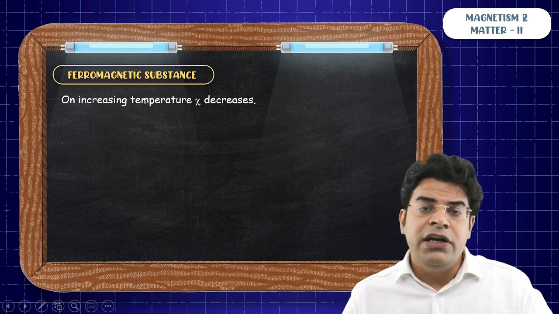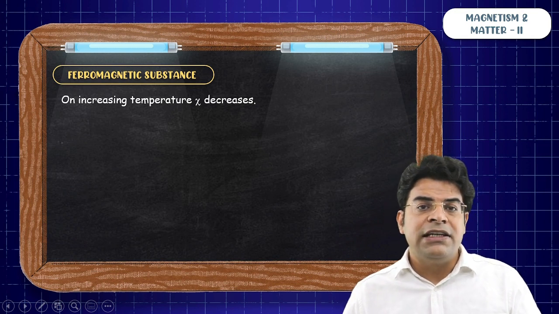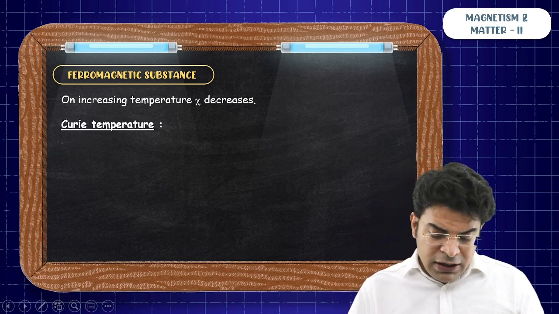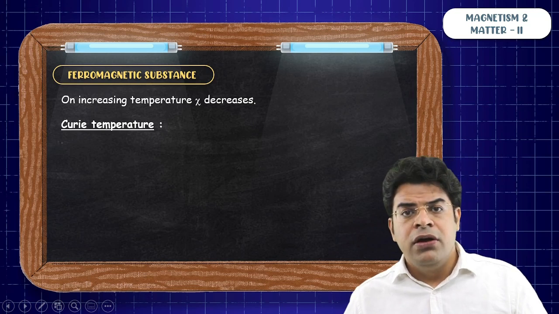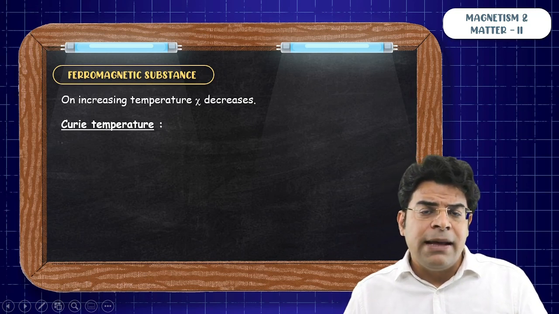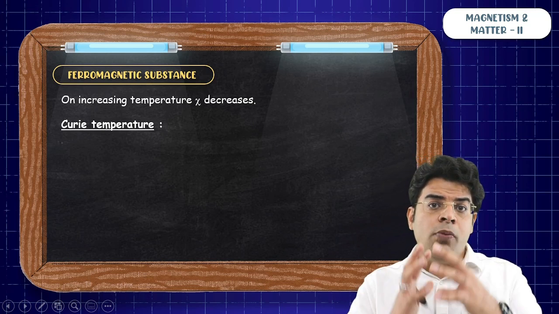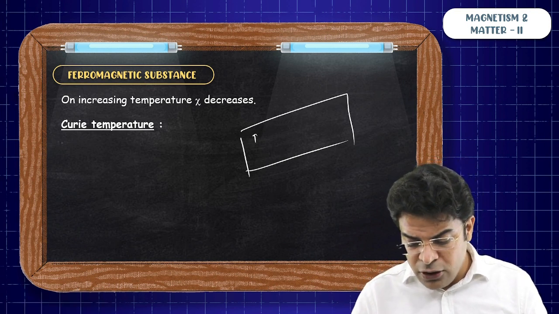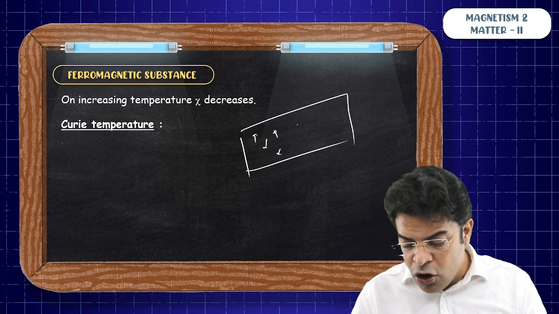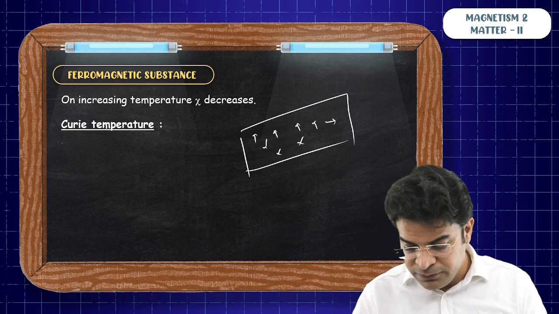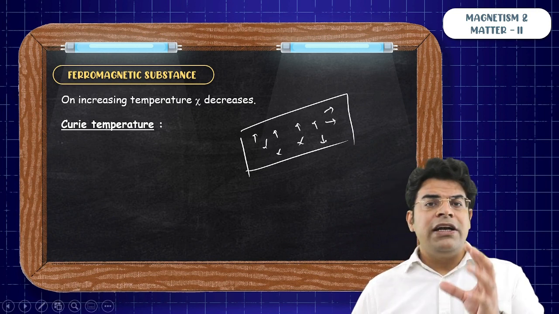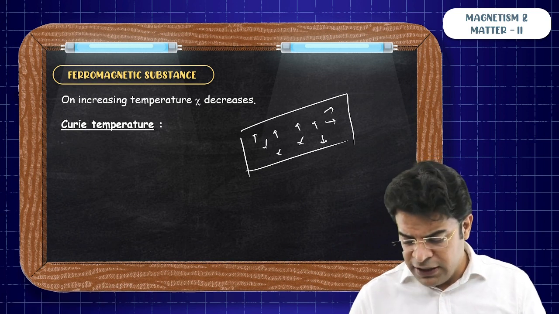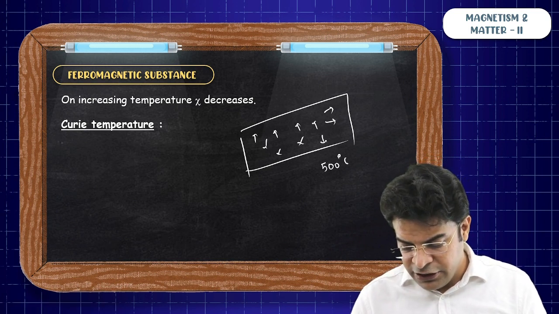And here we need to talk about one important thing, that is called the Curie temperature. So what exactly is the Curie temperature? The Curie temperature is the temperature at which the domains break. And once the domains break, the ferromagnetic substance acts like an ordinary paramagnetic substance. So let's say the Curie temperature for a particular material is 500 degrees centigrade.